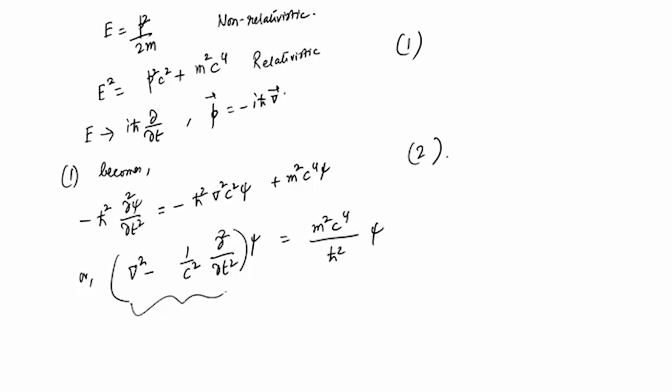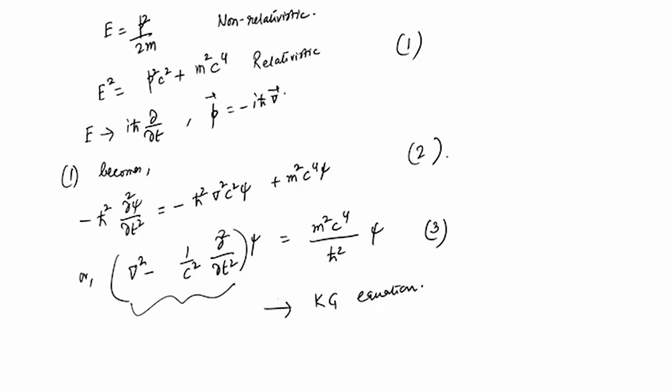And this operator is often called the D'Alembert operator. It is written with a square sign, but we can simply keep writing the double derivative with respect to space, which is del square, and the double derivative with respect to time, which is 1 by c square del2/del t2. Now, this is clearly Lorentz invariant because the space and the time derivatives are on the same footing, they have the same order. So this is basically nothing but the KG equation.